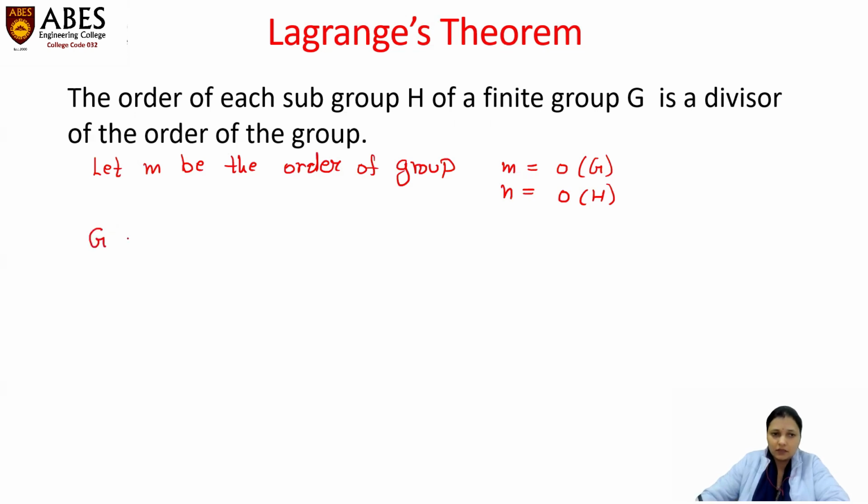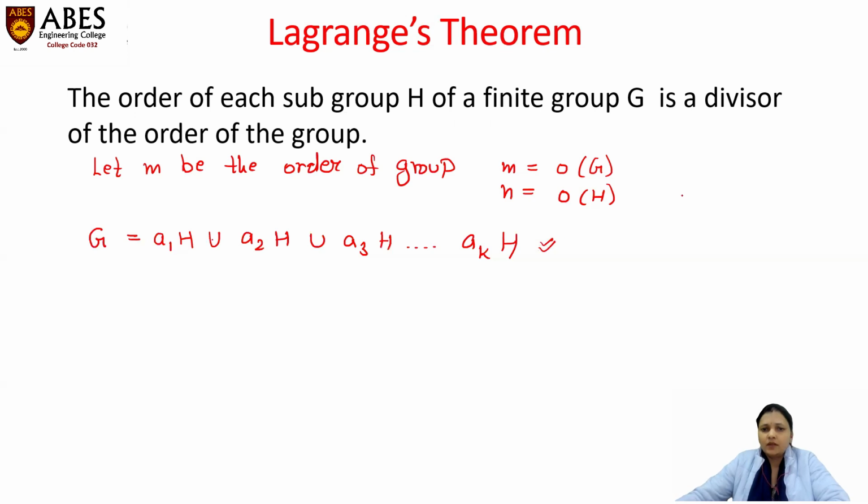So I can write this statement: we will get a group if we take the union of cosets of H. So this is the theorem. If we take the union of all cosets, it will give us the group. This we have seen from the previous 3 examples.